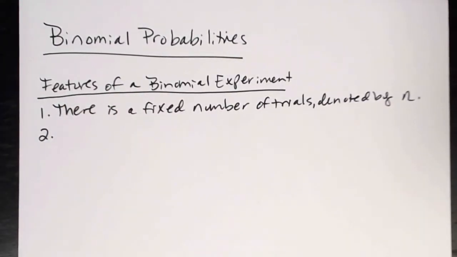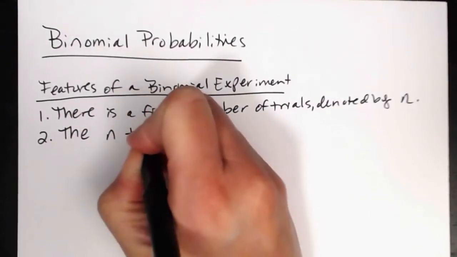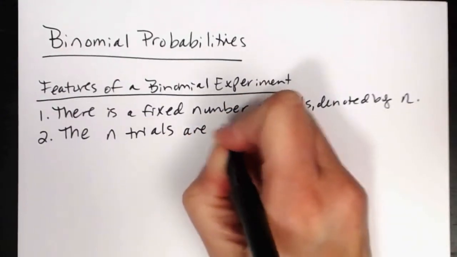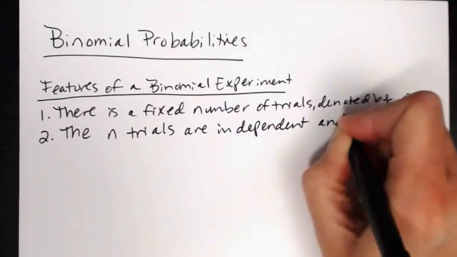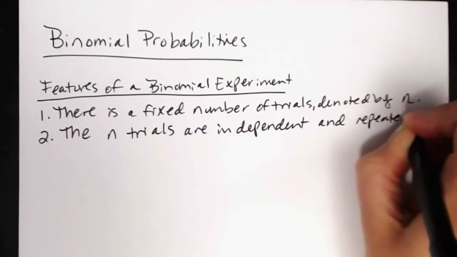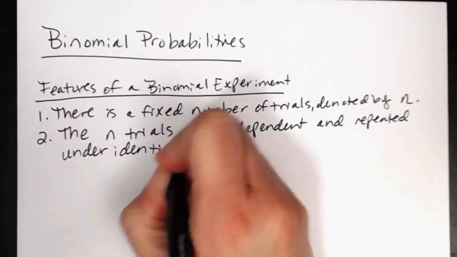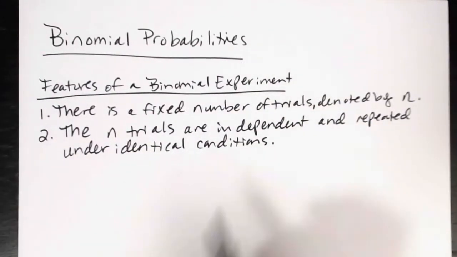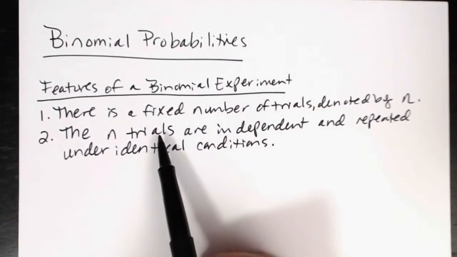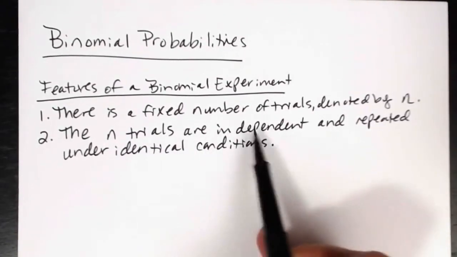Number two, the n trials are independent and repeated under identical conditions. Okay, so to review independence, that means that the trials that come before can't affect the probability of what comes after.